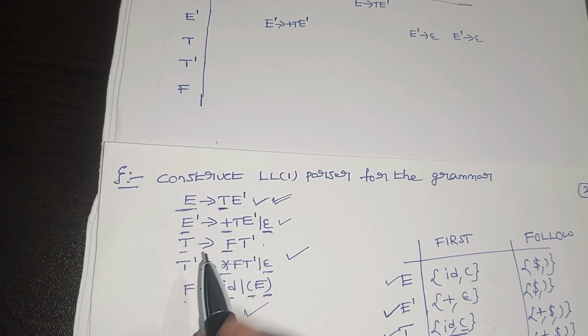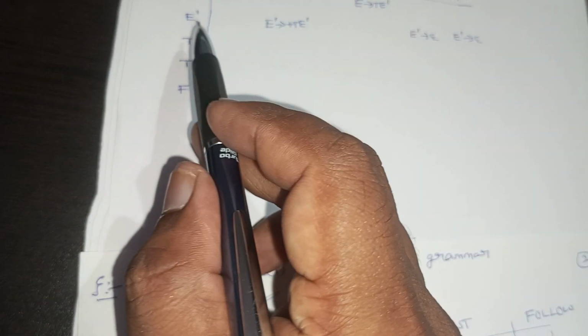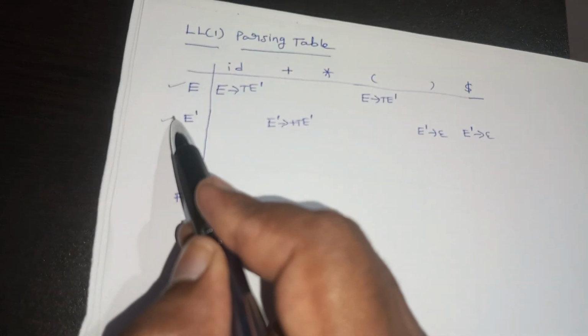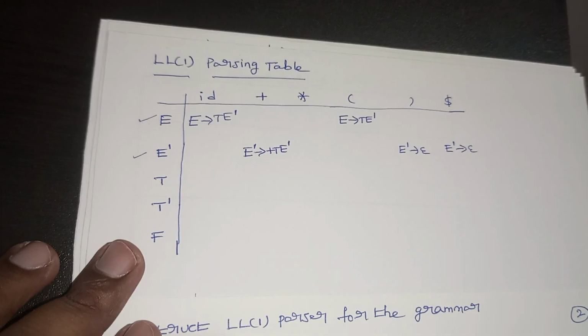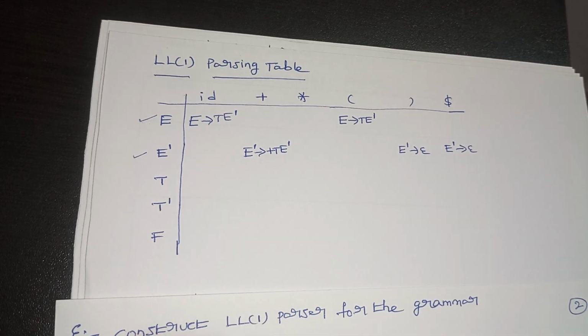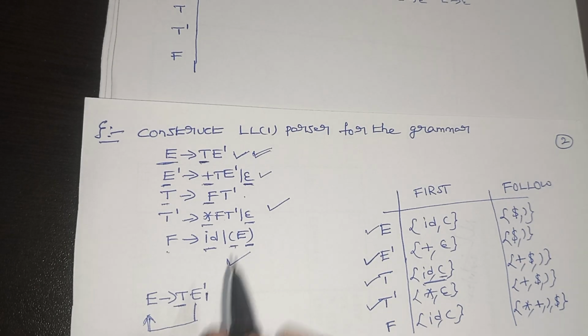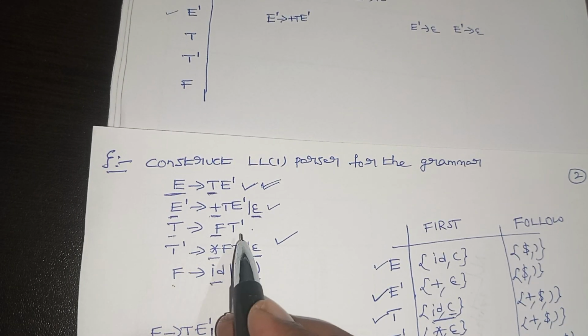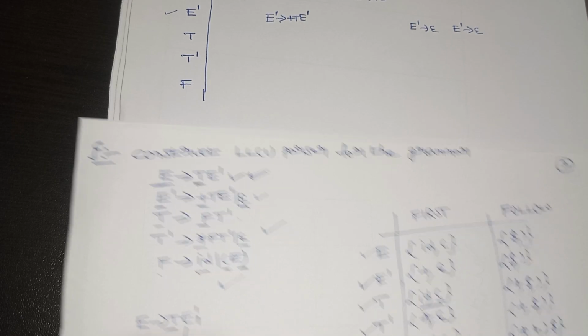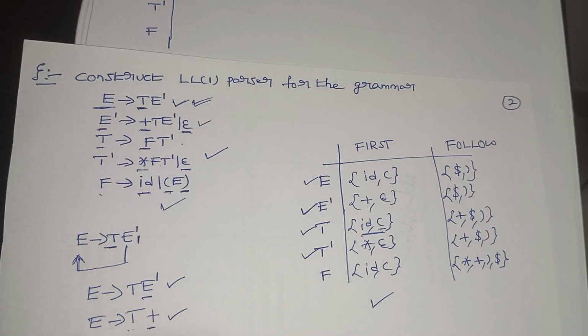Okay, now coming to T. Now we have to fill this row. See the grammar, T tends to F T dash. What is first of F? It is id and then left parenthesis.